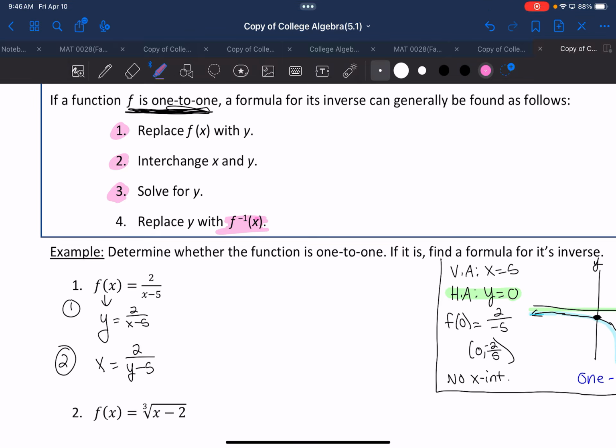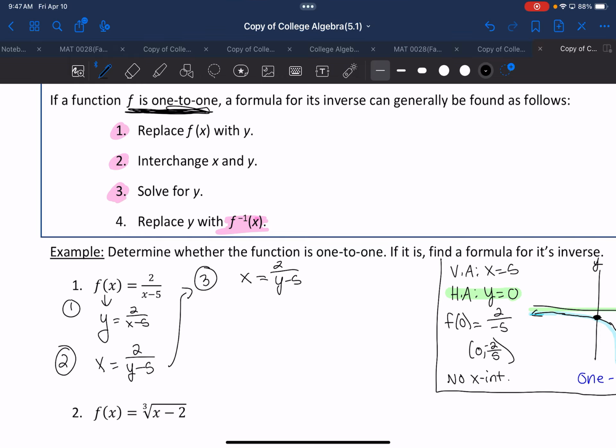So it's just kind of adding an extra step. So now I'm going to do step 3. I'm going to rewrite this here. And I'm going to solve this for y. So I'm going to take steps to get y by itself.